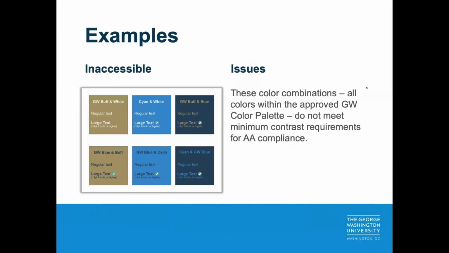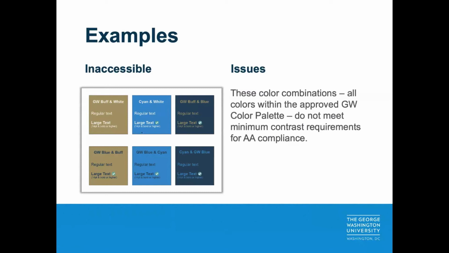So here are some examples of the GW color palette currently that are not compliant. I mentioned earlier, we know that the GW buff with the white text, which you can see in this first upper left square, is not compliant either for regular text or for large text. The light blue, the cyan, with white text, we also know that for regular text is not compliant.